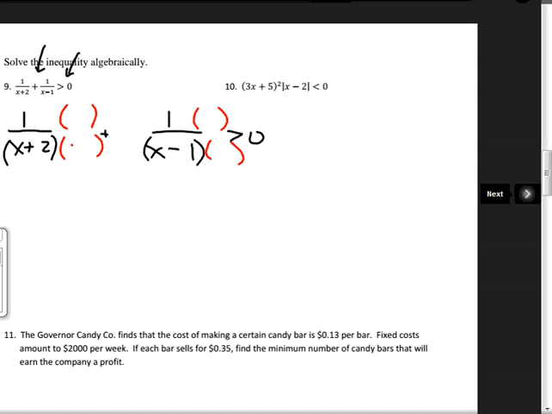I need to multiply by x minus 1 here, and I need to multiply by x plus 2 here. Now do you get that the denominator is the same? And now once you're done multiplying that all out, you'll have a big fraction. And now you can do the problem.